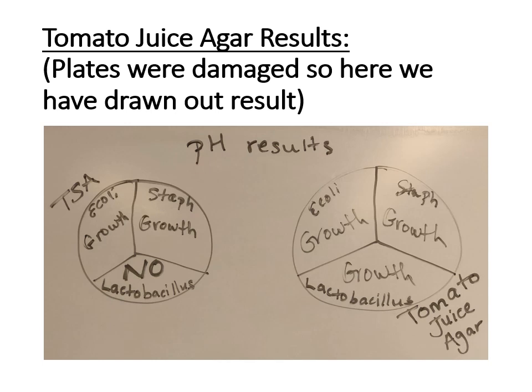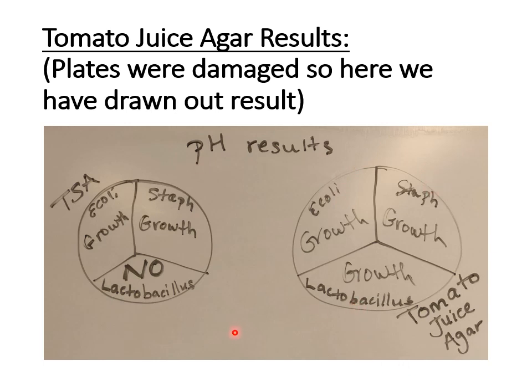We then have the tomato juice agar results, and unfortunately these plates were damaged, so I don't have a picture of these results, but I drew out what the results actually looked like, okay? So here you have the TSA plate that was streaked with E. coli, staph, and lactobacillus. And here you have the tomato juice agar streaked with the same 3 bacteria.